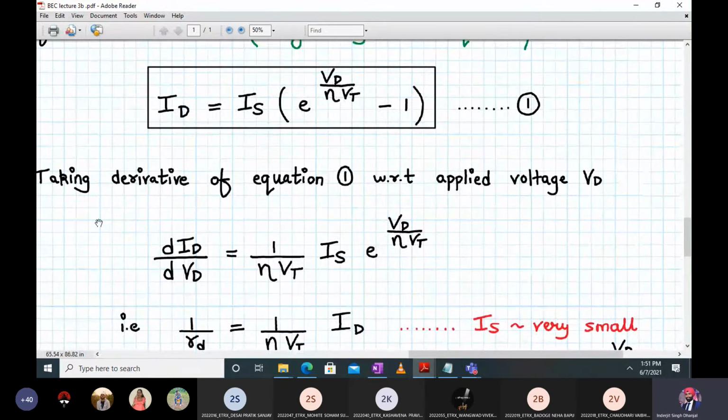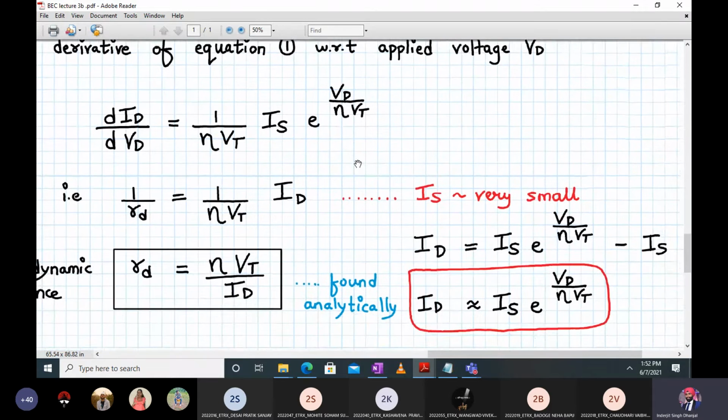So dID upon dVD will be 1 upon eta VT, IS is a constant again, so it will be e raised to VD upon eta VT. The minus 1 is a constant, so its derivative will be 0. The derivative of e raised to something is e raised to that thing only.